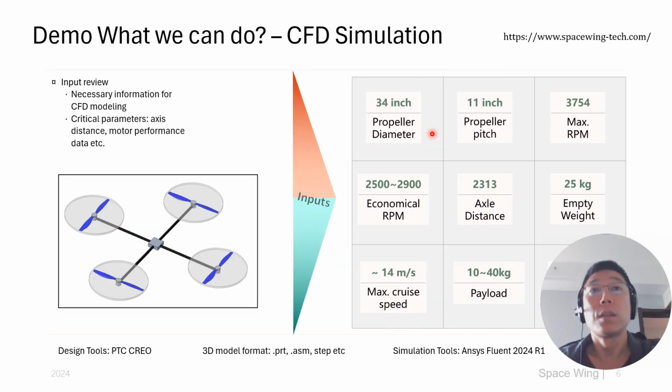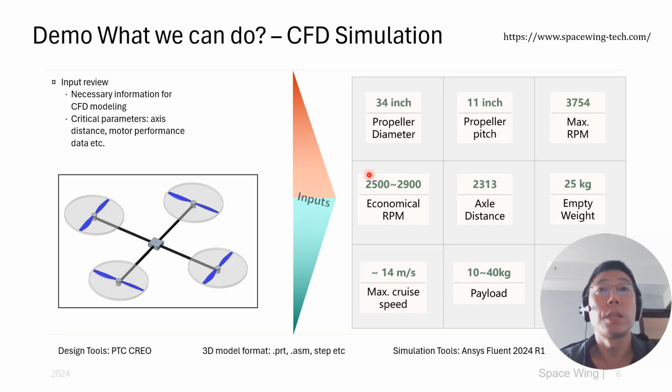Okay, so here is the inputs review, and we need to provide the necessary information, such as propeller diameter. Make sure you select the right propeller and the right pitch, and we need to investigate our applications, based on some simulation and some very annual calculation, and the revolution per minute.